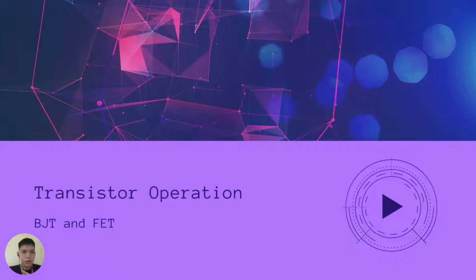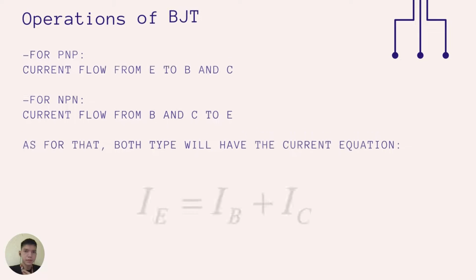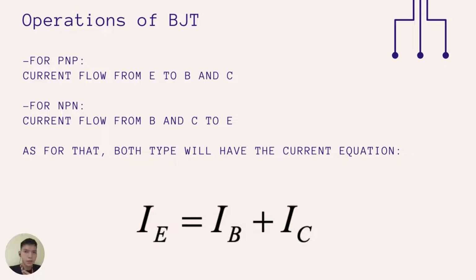So transistor operations of BJT and FET. The operations of PNP and NPN are the same except for the current flow. In your PNP, the current flow is from E to B and C, but in your NPN, the current flow is from B to C to E. As for that, both types will have the current equation, which is IE equals IB plus IC.